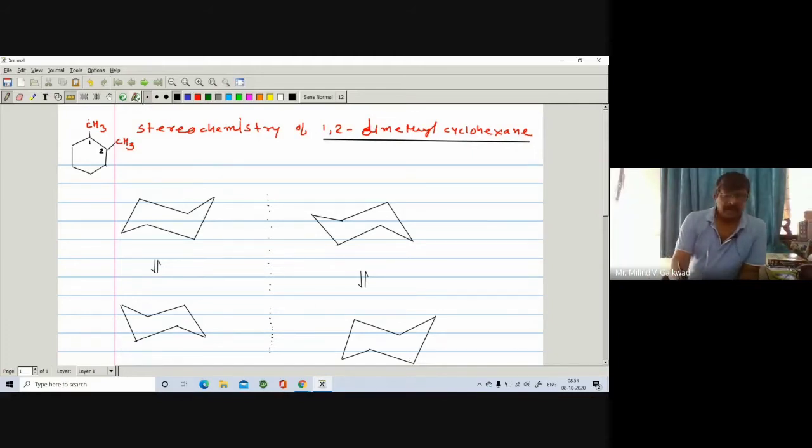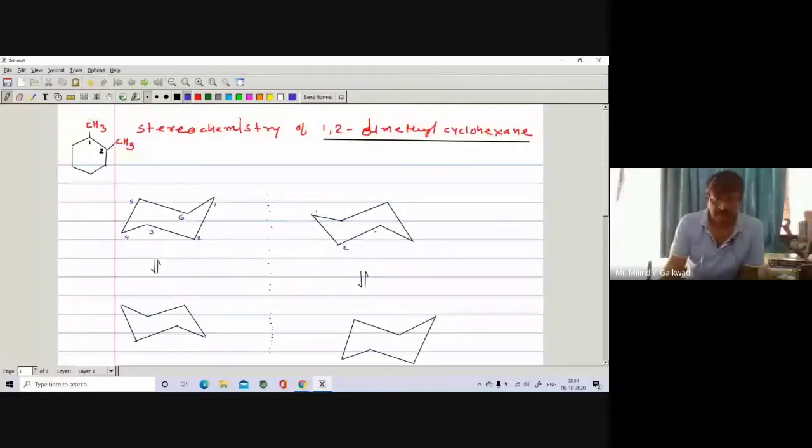Now first we will give the numbering to this carbon. It is carbon number 1, carbon number 2, carbon number 3, carbon number 4, 5, and 6. Similarly, for its mirror image, this carbon and this carbon are the same. So here I will write number one, then carbon number two, right?